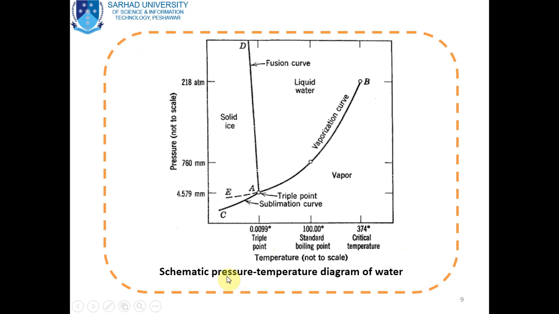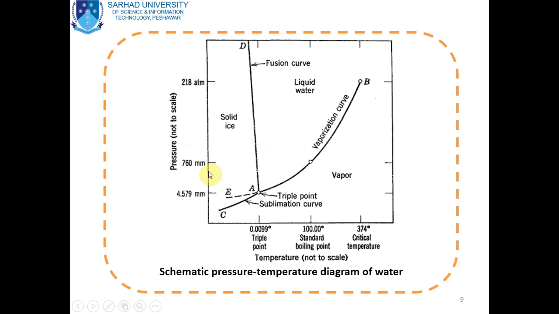You can see the schematic pressure-temperature diagram, that is a solid-liquid-vapor diagram, in which temperature is on the x-axis, while pressure is on the y-axis.